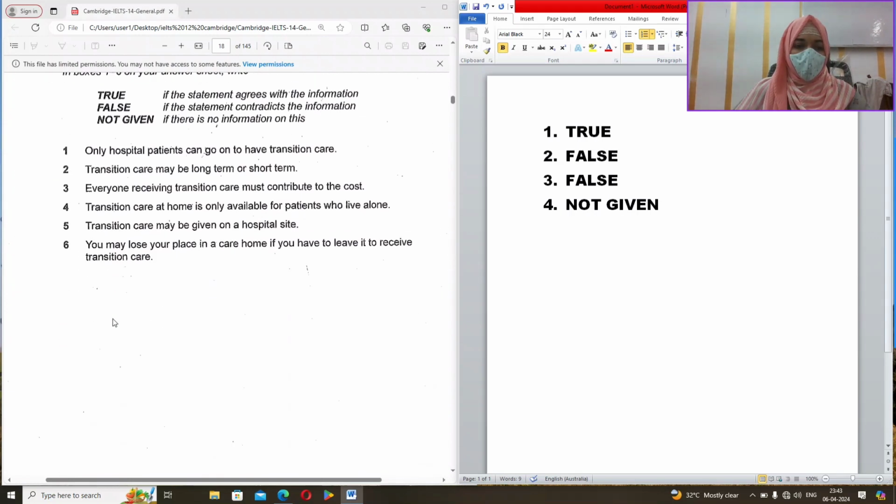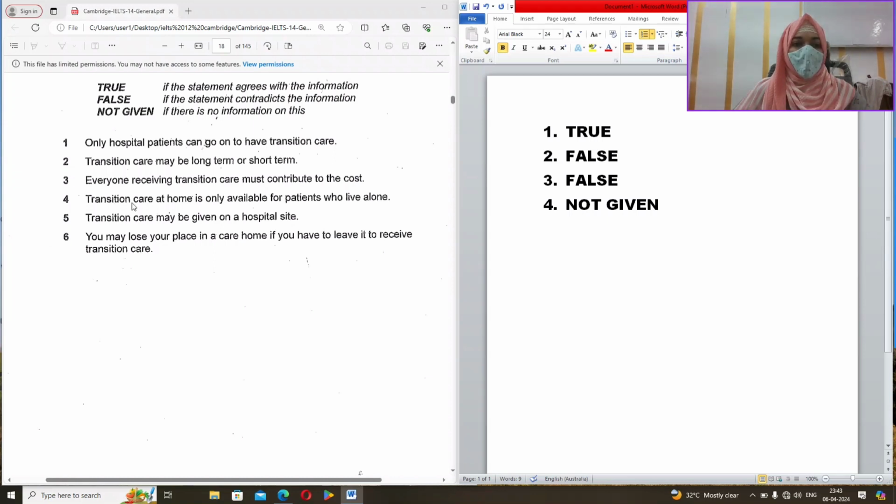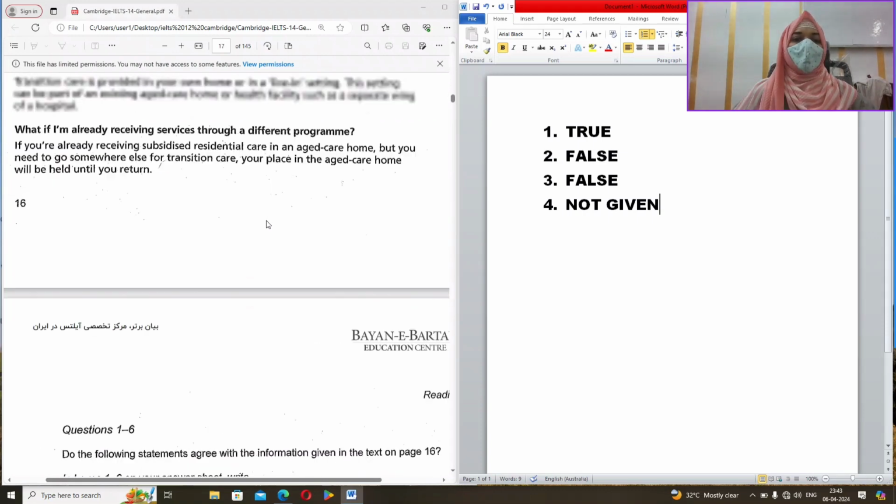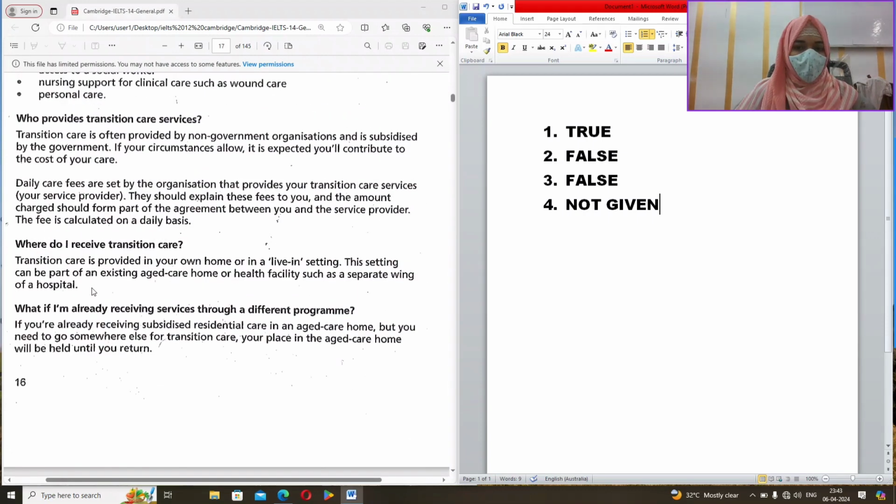Okay, now look at the other one, the fifth one. Transition care may be given on a hospital site. Till here the fourth one is completed. Now we will see here.